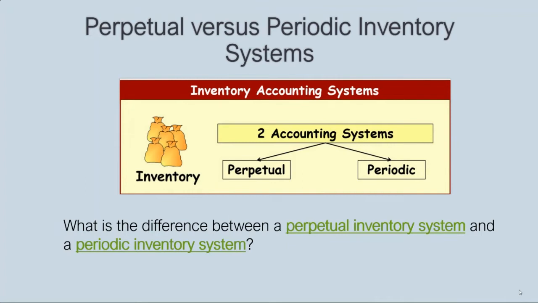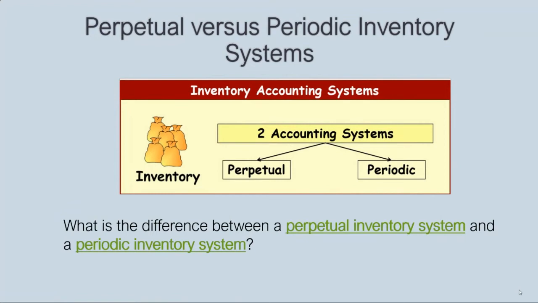Whereas with the periodic system, every time you purchase inventory, we account for it as an expense right from the get-go. We only know how much stock we have on hand if we do a physical stock take, and that normally happens once a year at the end of the year. Periodic systems are used by small businesses that do not necessarily have the money to get expensive stock systems to account for their stock in real time.